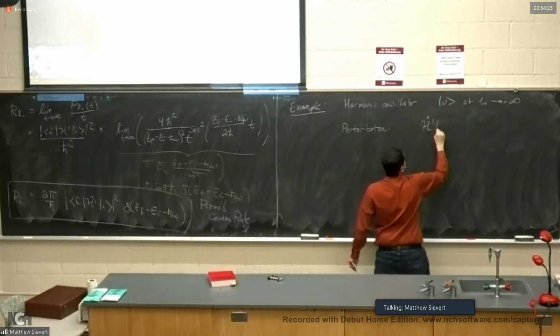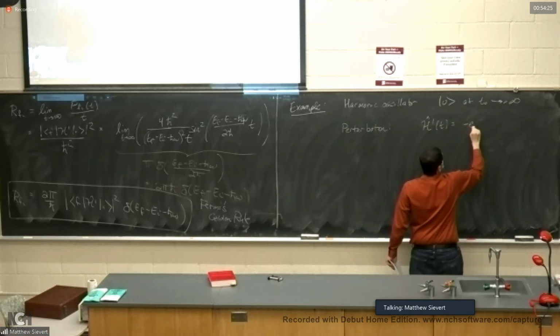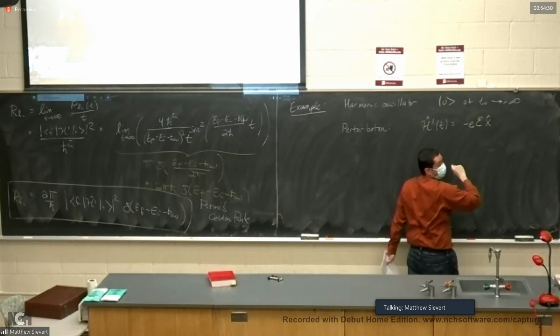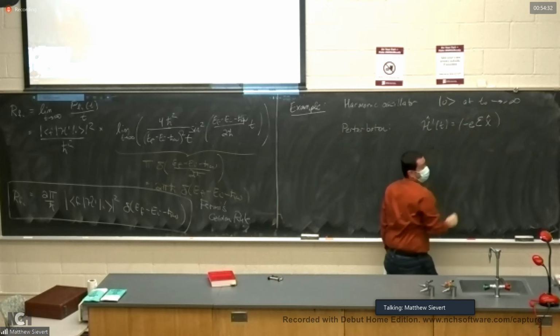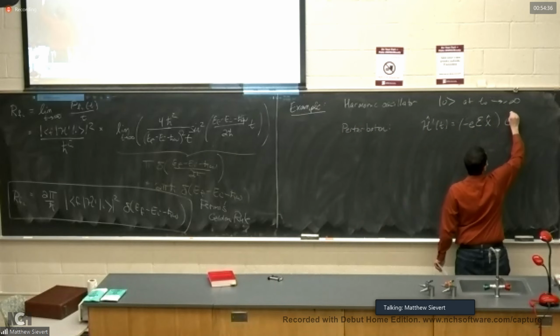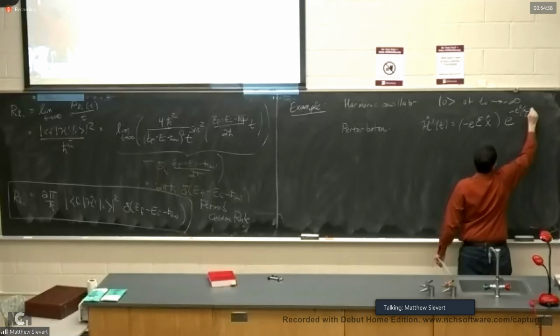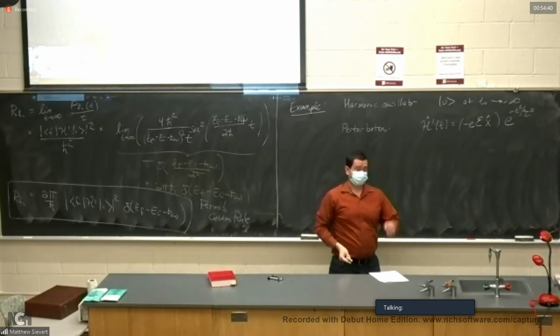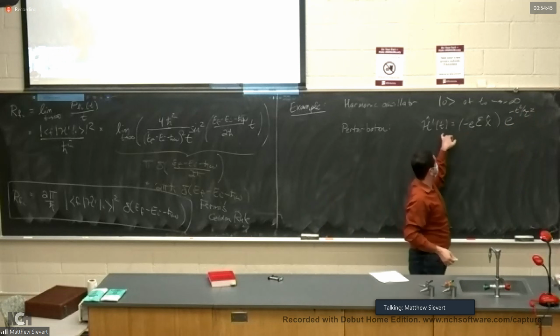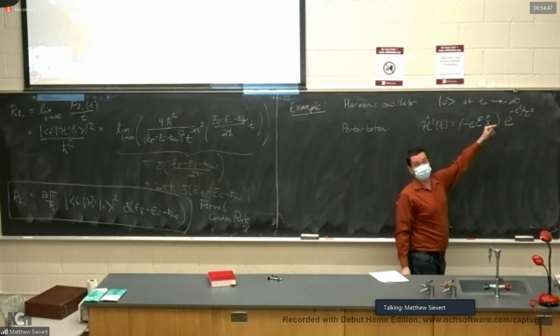So H1 of t is minus electric charge, electric field times the position operator. So this looks like electric field coupling to a dipole moment. And the time dependence will be Gaussian, e to the minus t squared over tau squared. So tau tells me the width of the Gaussian pulse, and this is a perturbation that's centered around t equals 0.